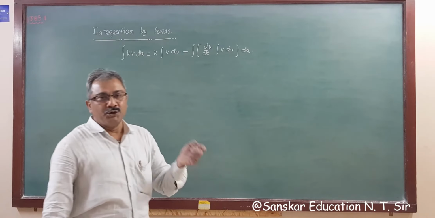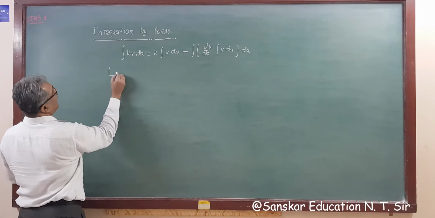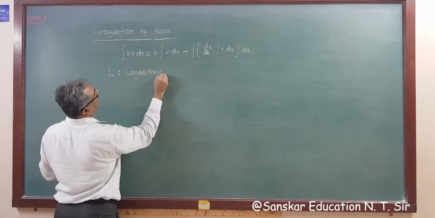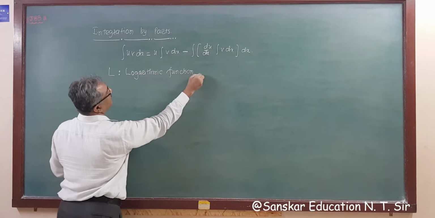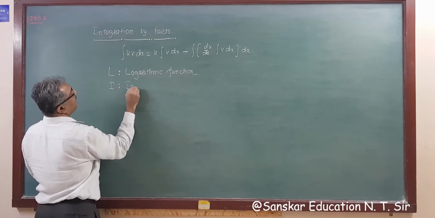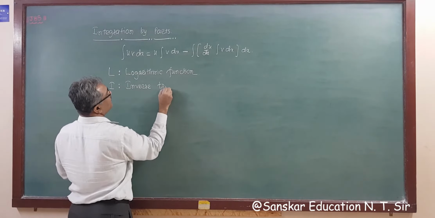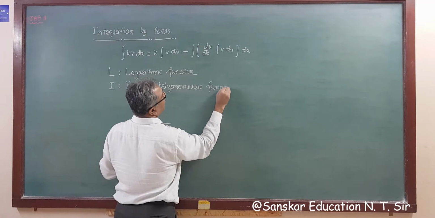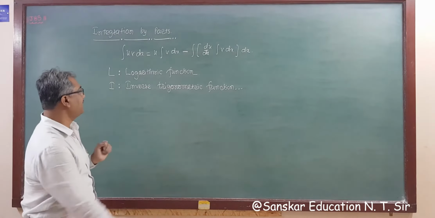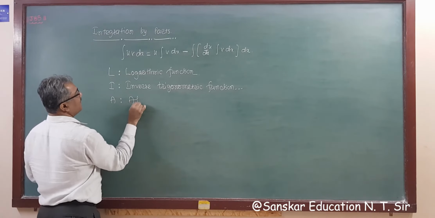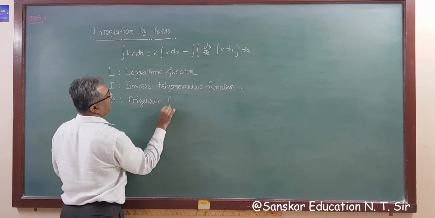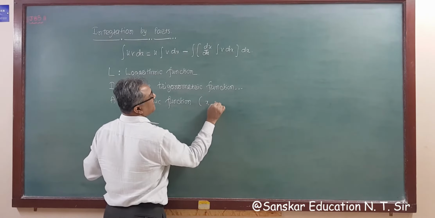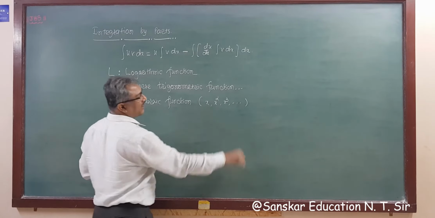You have to select u and v in this order: L means logarithmic function, then I means inverse trigonometric function, that is sine inverse, cos inverse, etc. Then A means algebraic function, that is x square, x cube, etc., are called algebraic functions.